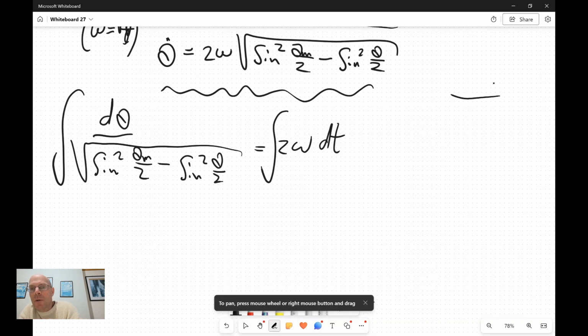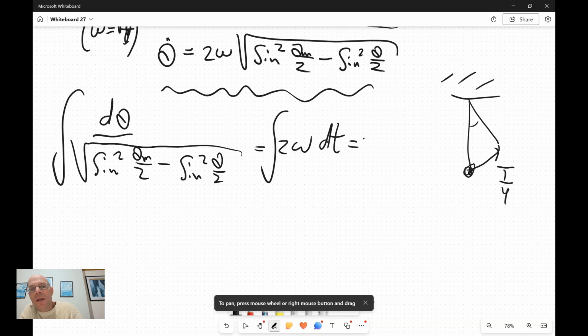Now, what I will do, I will do the integral over a quarter of a period. So let's say from this point to this point. So it swings, and let me select this segment, which is essentially T over 4.